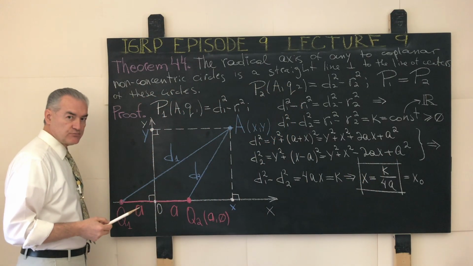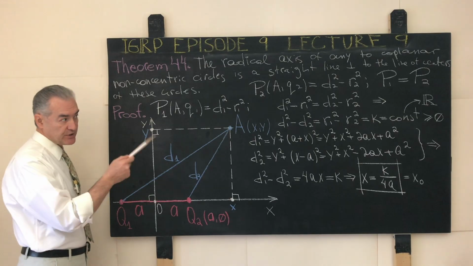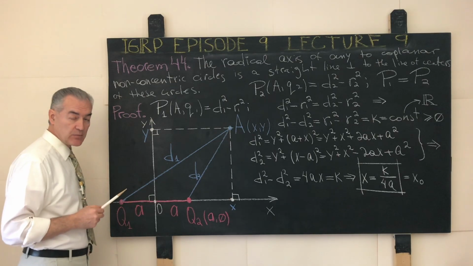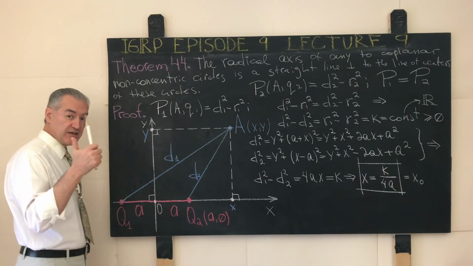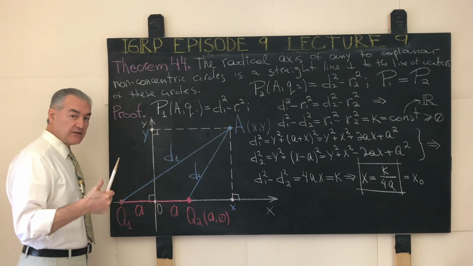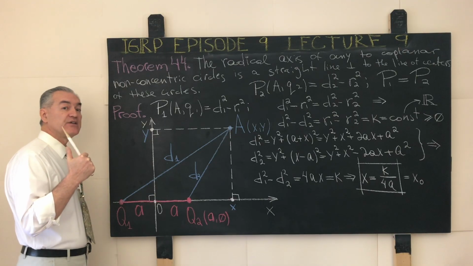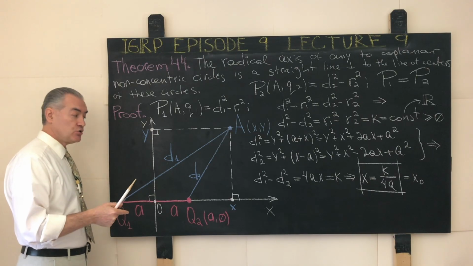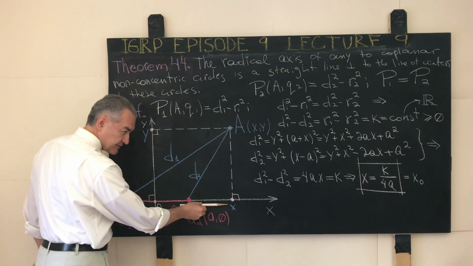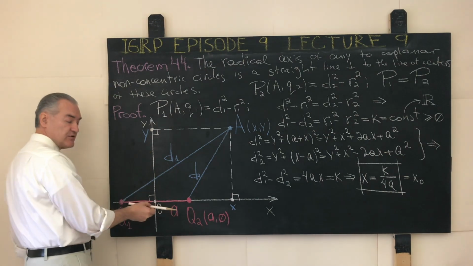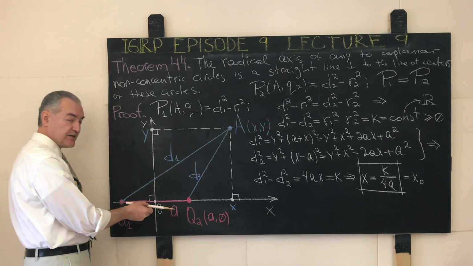X equal to x0, which is in our case, like we said, a non-negative real number, is an equation of a straight line, first of all, and not only that, it's an equation of a straight line that is what? That is perpendicular to the x-axis. But going back to the assumption that we made a few minutes ago, that x-axis is what?